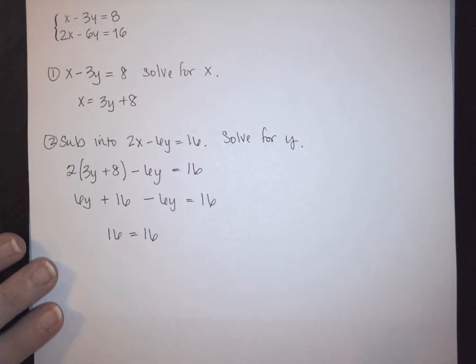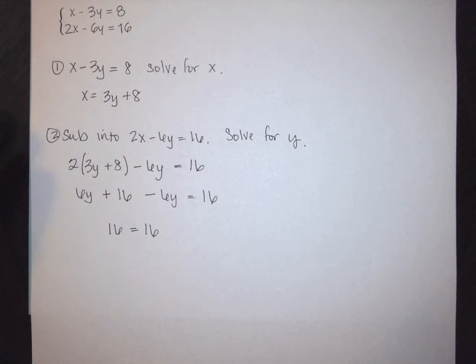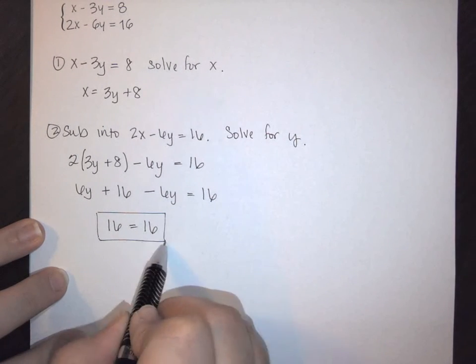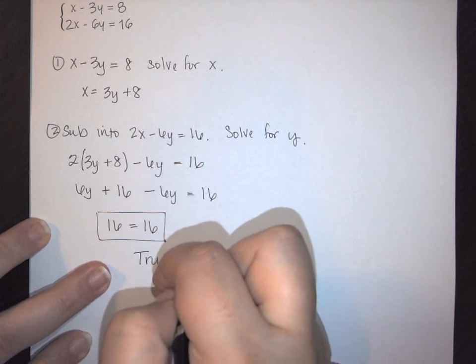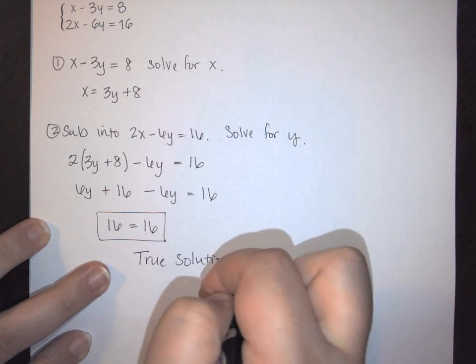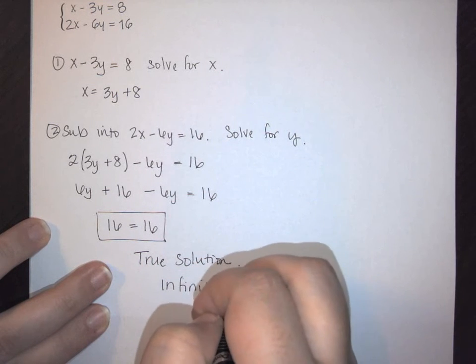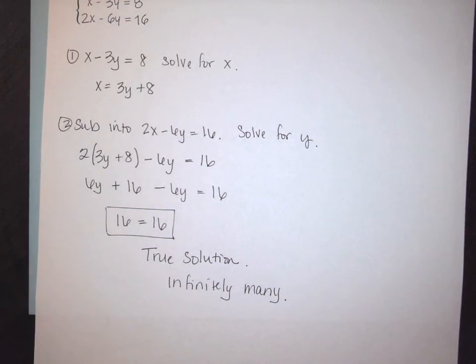Now, a lot of students at this point panic. Don't panic. What you should notice here is that this is actually your solution. We call this a true solution, which means this one is infinitely many. And that would be your result.